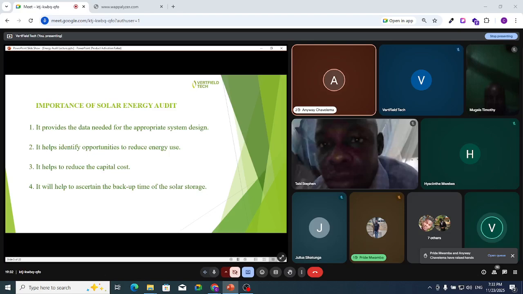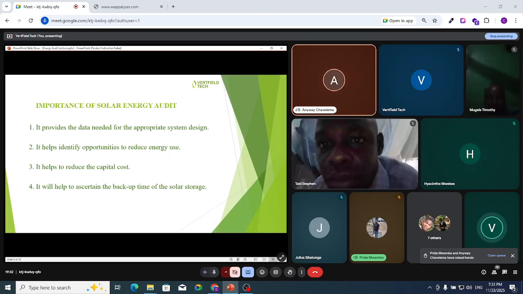And if you have a copy of the training manual, that's the PDF, you can look into it. There are other importance, advantages and disadvantages of energy audit, and other important information that you can have access to when you have the training manual.